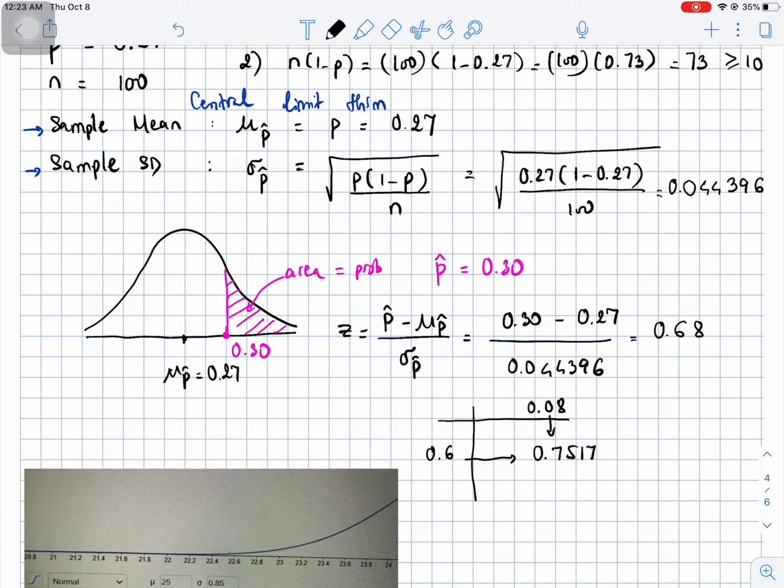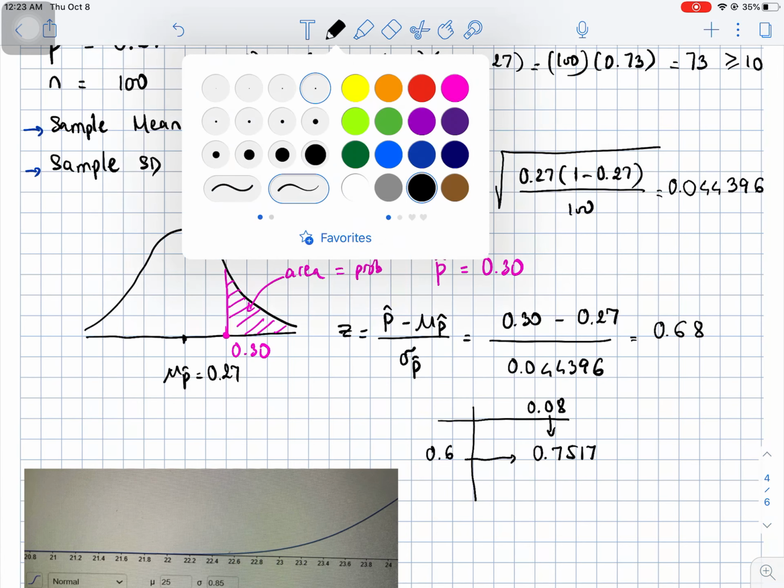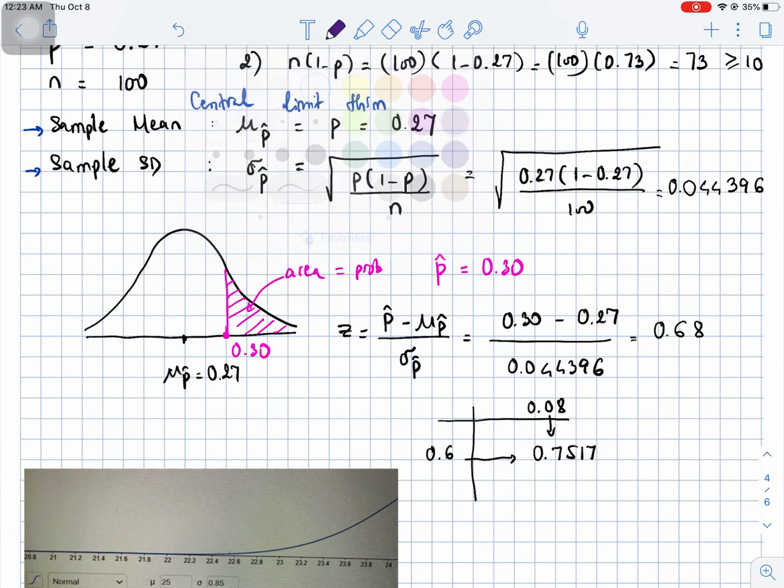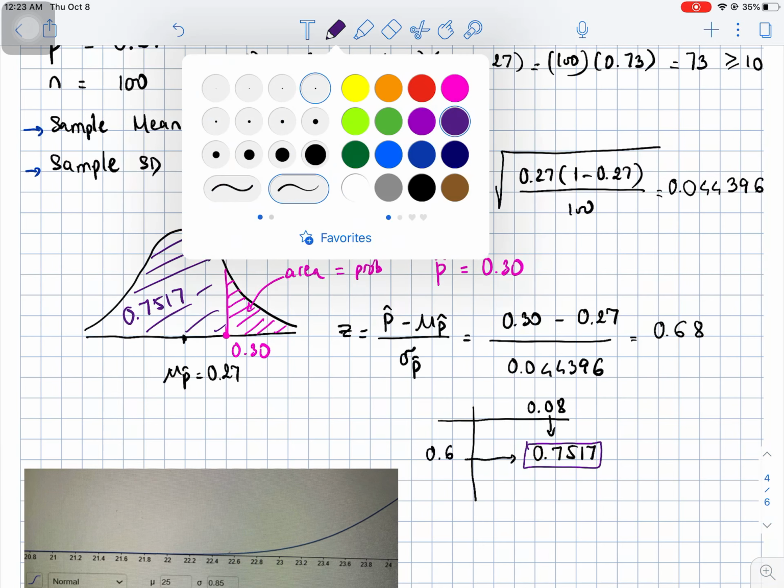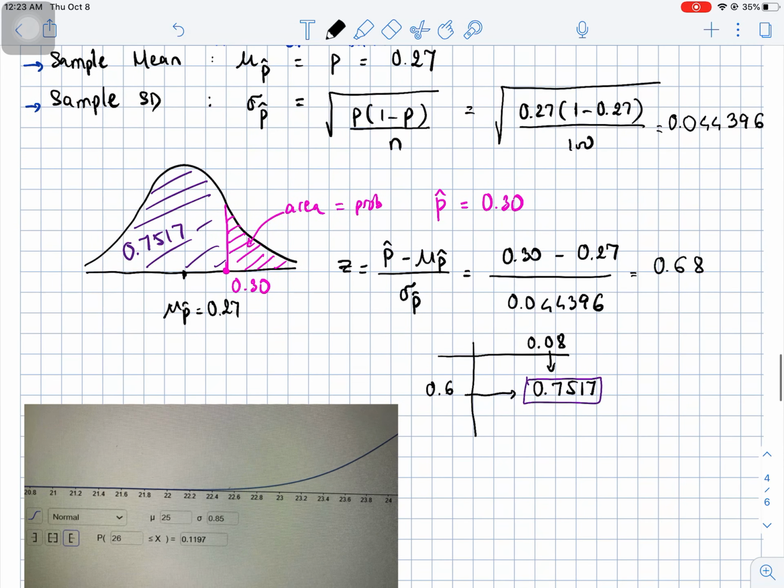We map these numbers together, and we get 0.7517. But you know that the z table provides us the area to the left. We want to find the area to the right. So the number that we just got, 0.7517, means the area on the left side.